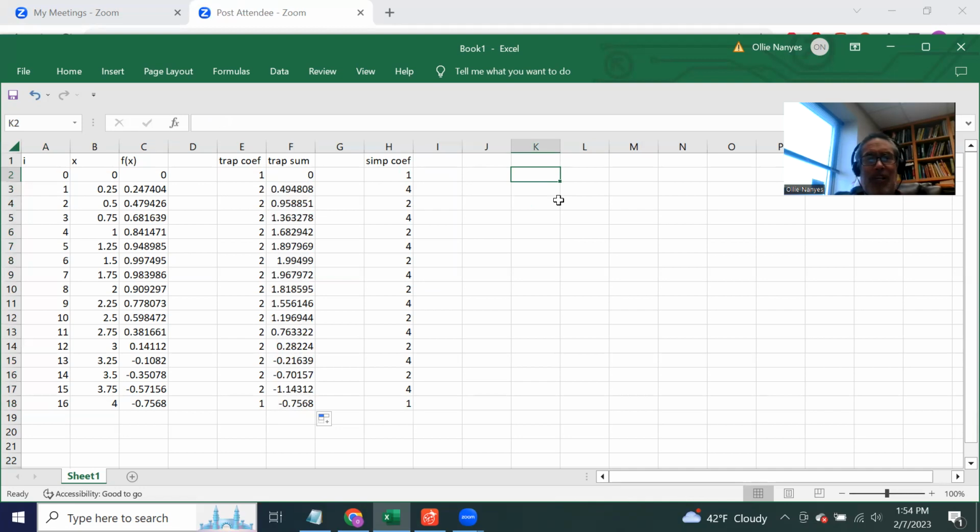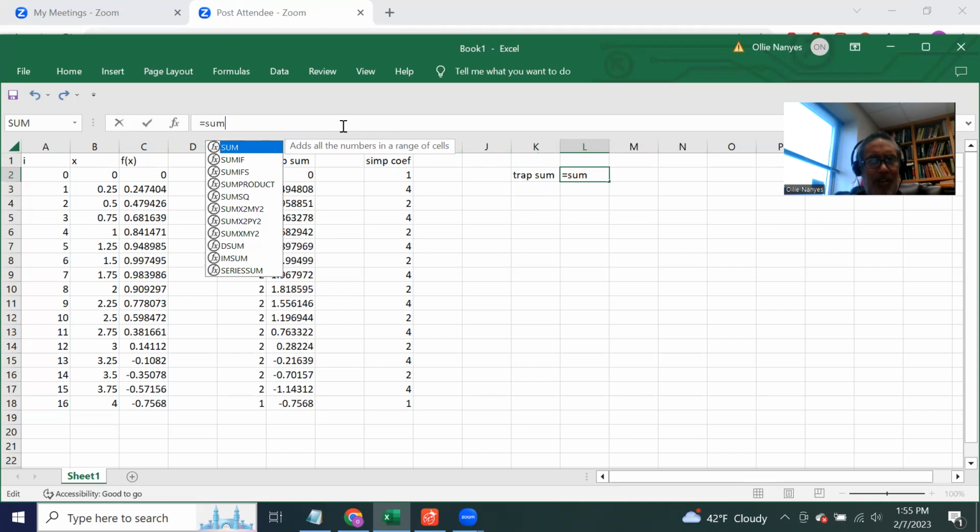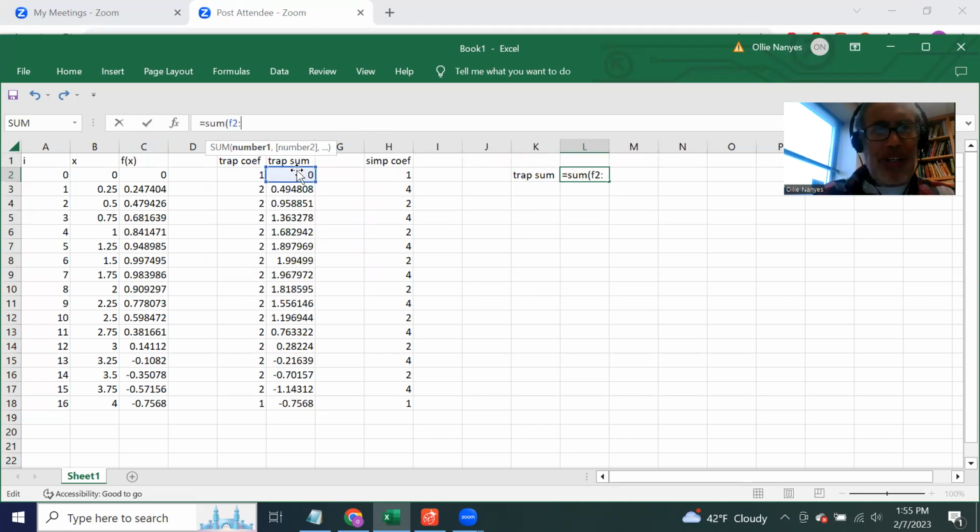Now I'm going to call this a trap sum. I'm going to take the sum of F2, that's this one here, all the way down to, in this case, F18. So this will sum all of these automatically.